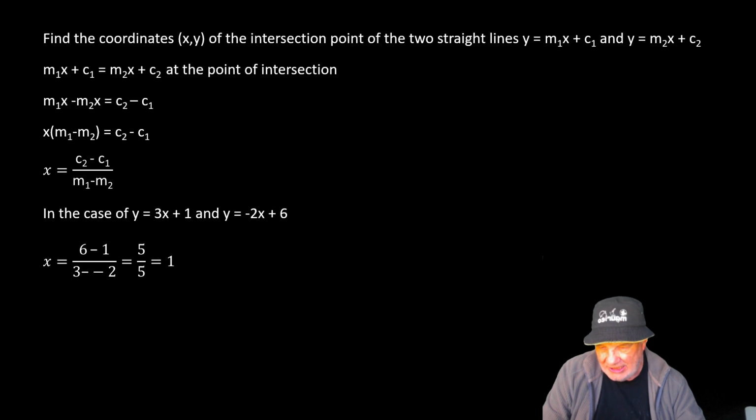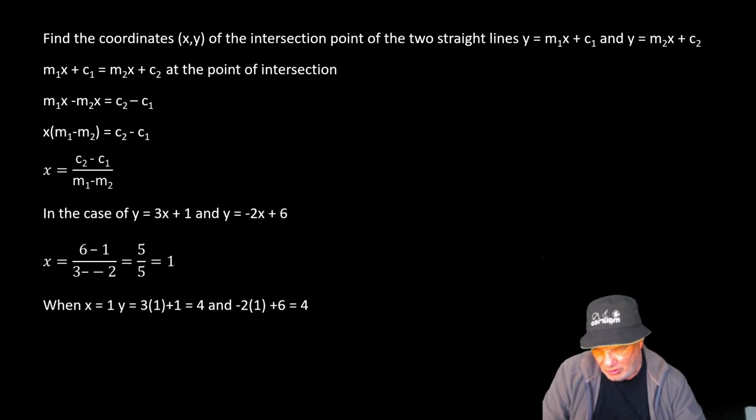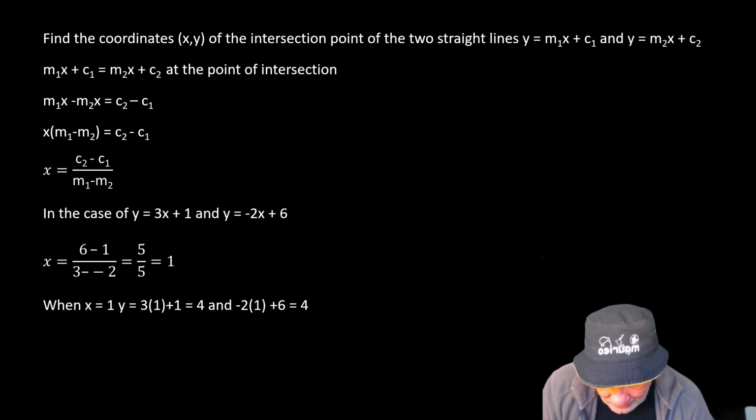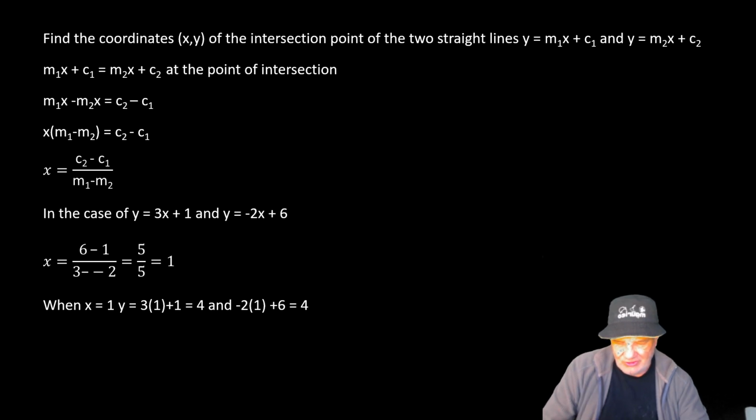What does y equal? Well, we've got two equations, each telling us what y is equal to. So let's do it both ways. When x equals 1, y equals 3 times 1 plus 1, which is 4 in the first equation, and negative 2 times 1 plus 6 equals 4 in the second equation.